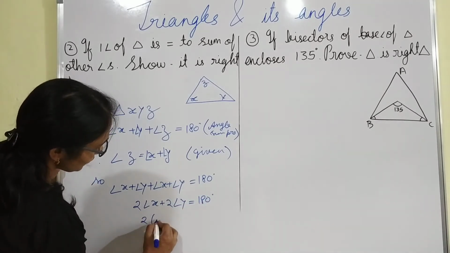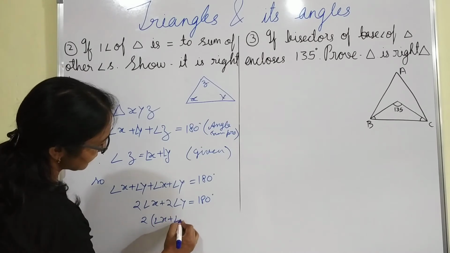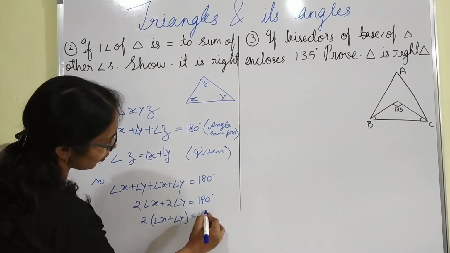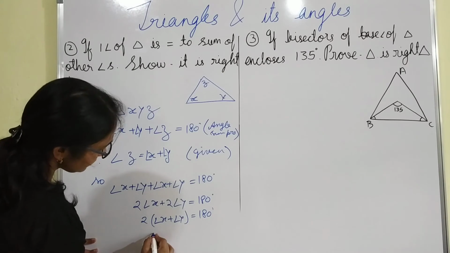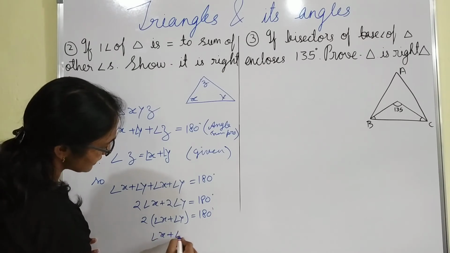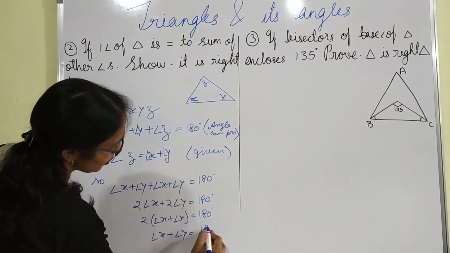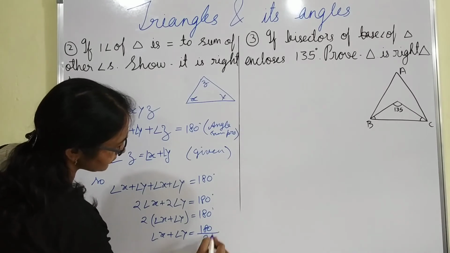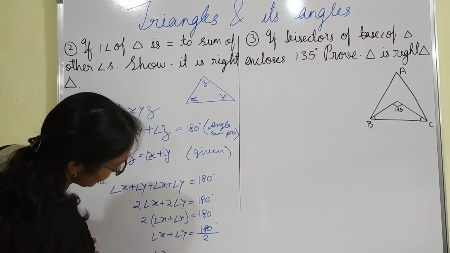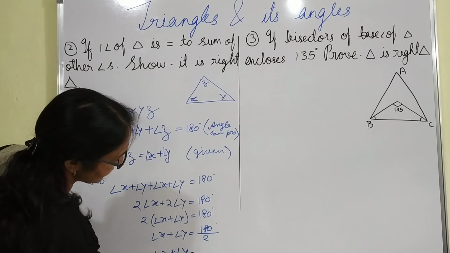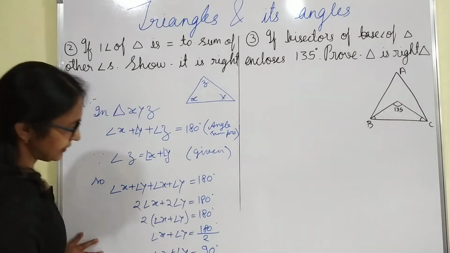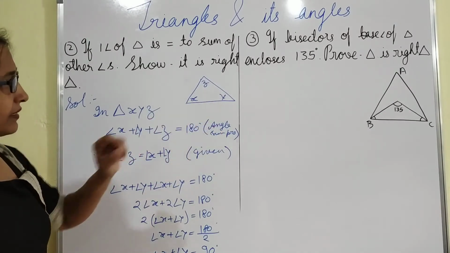So 2 into angle x plus angle y equals to 180 degree. So angle x plus angle y equals to 180 upon 2, that is 90 degree.